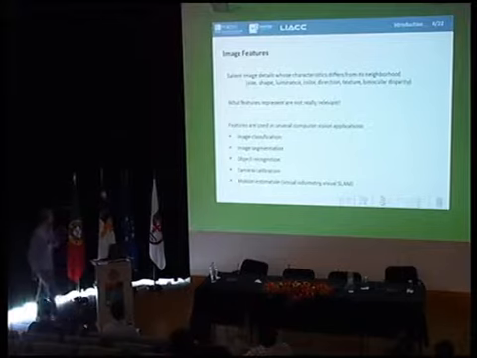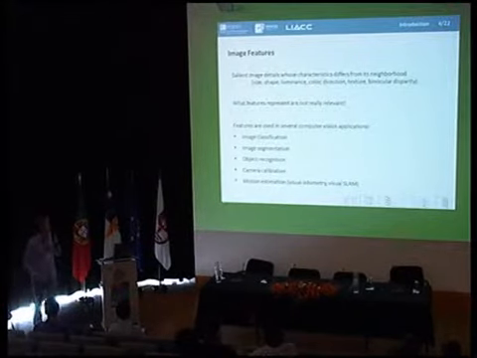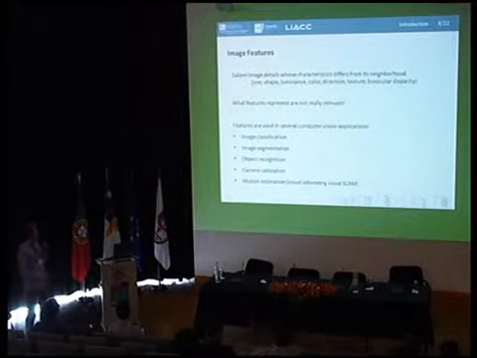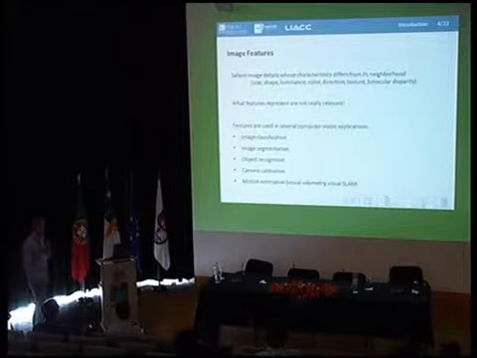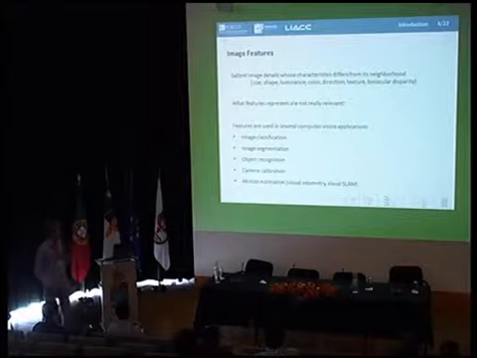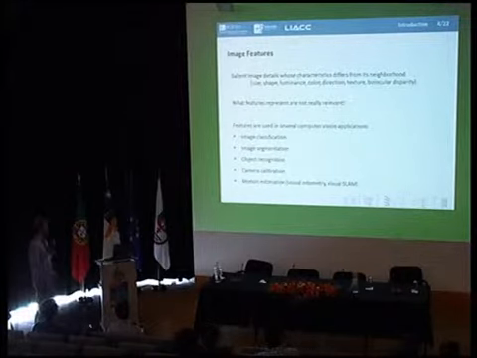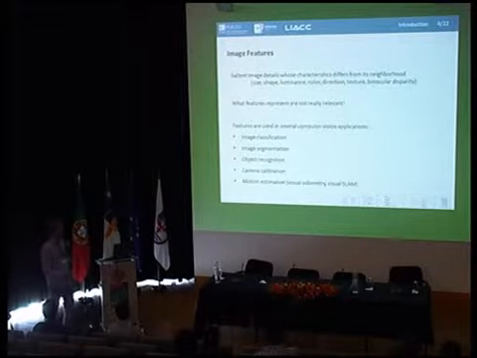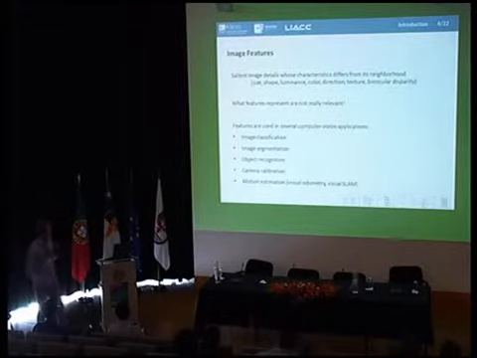Features are described in the literature as salient image details whose characteristics significantly differ from their neighborhood. What they represent is not really relevant as long as they can be accurately localized through time.